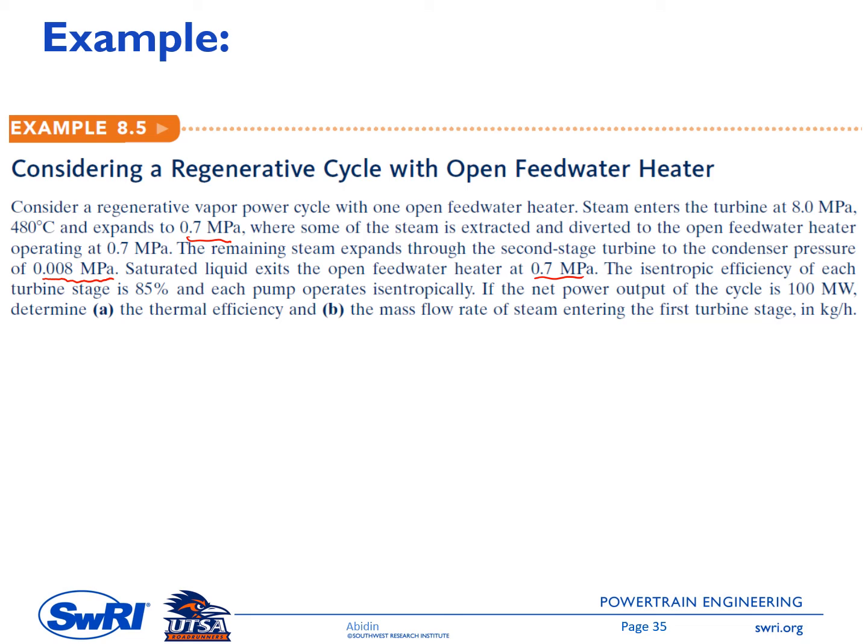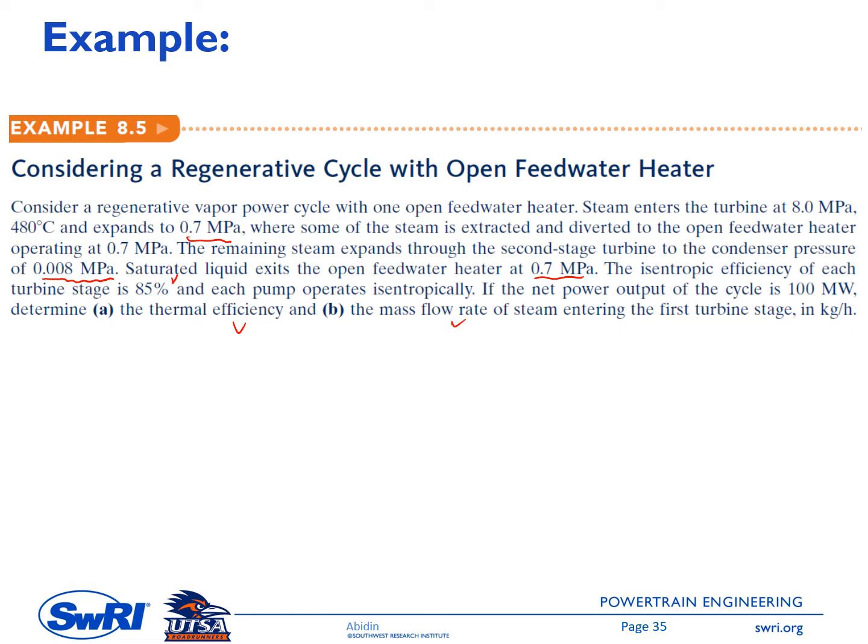The isentropic efficiency of each turbine is 85%, and each pump operates isentropically. It means there are no irreversibilities inside the pump, and also Q equals 0. If the net power output of the cycle is 100 megawatt, determine A, the thermal efficiency, and the mass flow rate of the steam in kilogram per hour.